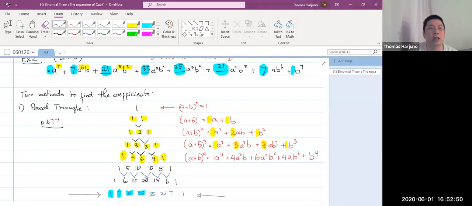Let me not fill that up there, because if you look at the notes, I don't use the later portion to answer the previous portion. So let me just do it underneath.